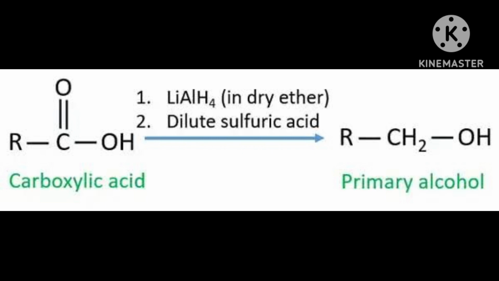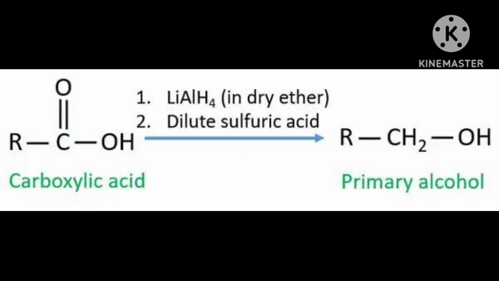Then again carbon will become positive and nitrogen is negative. Because H went as H plus, nitrogen becomes negative, and OH went from the COOH as OH negative and carbon becomes positive. Then again in the same way nitrogen will join with carbon.